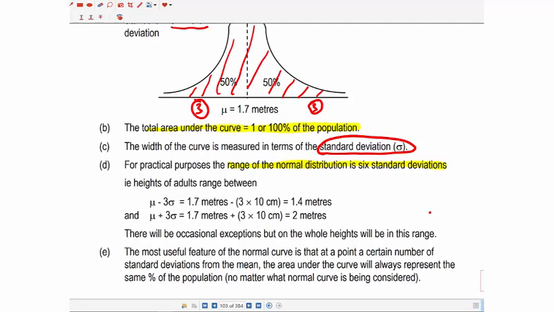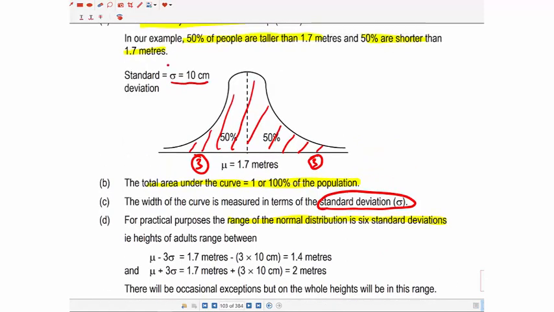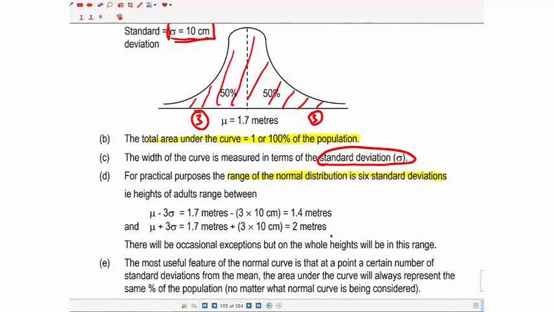It can now tell us the range of adults' heights in the UK because we know that one standard deviation is 10 centimetres. So if 3 standard deviations sit below the mean, we can then work out that the range of adults, our smallest data item, or our lowest value, if you like, will be 1.4 metres.